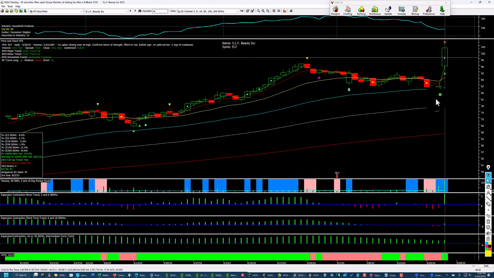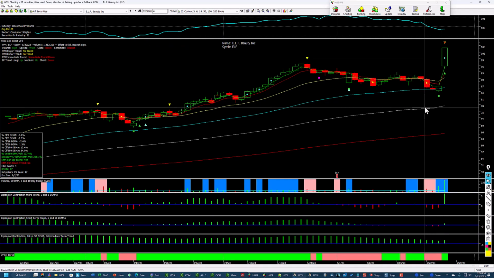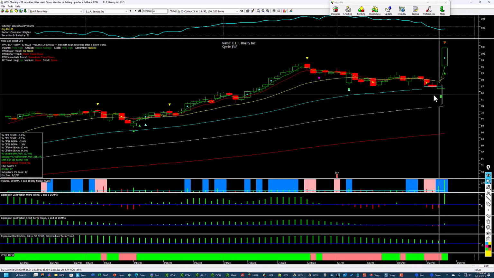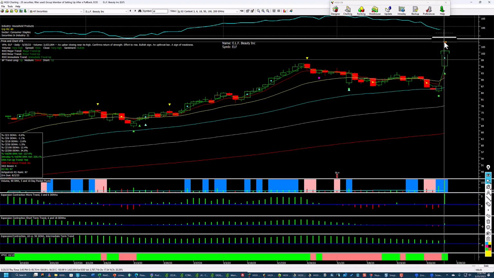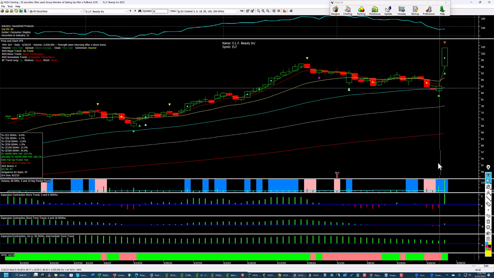And I have no idea what the news was on this, but here is where that scan picked it up. There was strength seen returning after a downtrend and then the gap up today. Here's a confirmation, but also a warning because of the excessive volume. But the scan picked it up right here, and there was a pocket pivot yesterday.